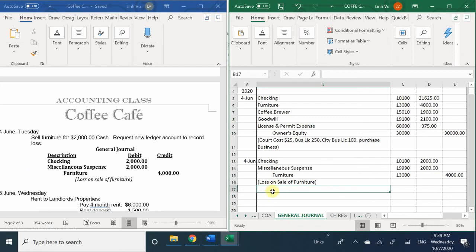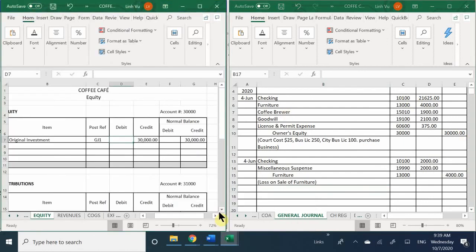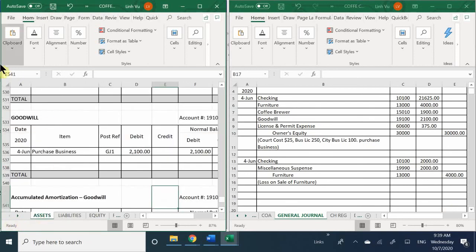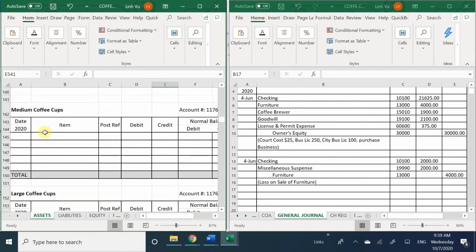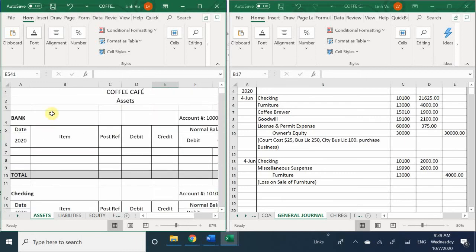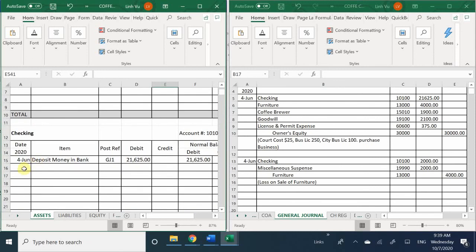All right. Now this is a complete transaction here. So let's go ahead and post it to our ledger. Of course, we're going to look at the first thing that we did, which is our checking account. So we're going to go to our assets. Checking should be on page 1. And I'm going to type in the date.